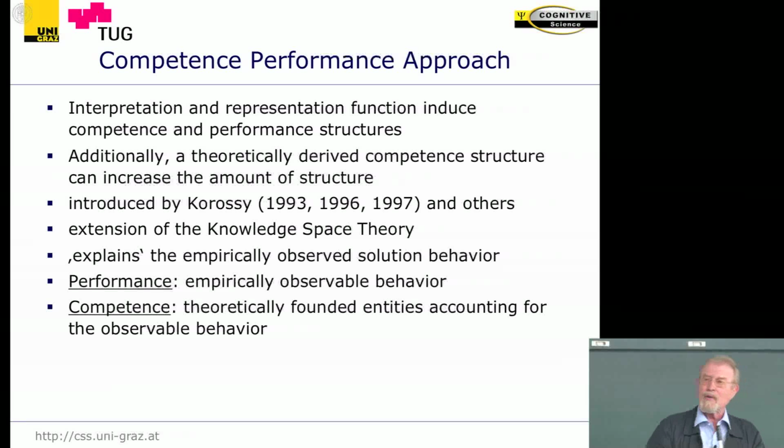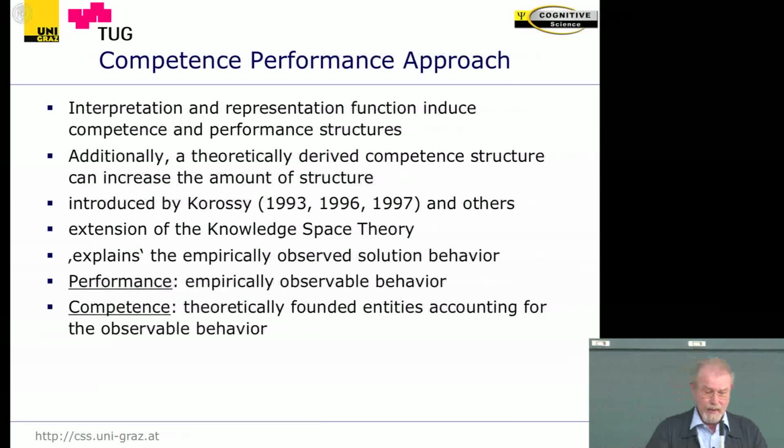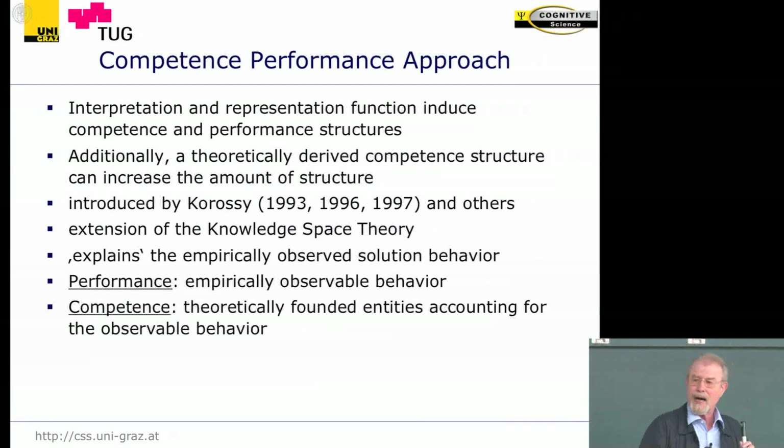If we also structure the competence structure, we can increase the amount of structure of the performance structure. So an increasing amount of structure makes, for instance, the assessment more efficient. And as I told you already, Corossi introduced this and others introduced similar approaches.